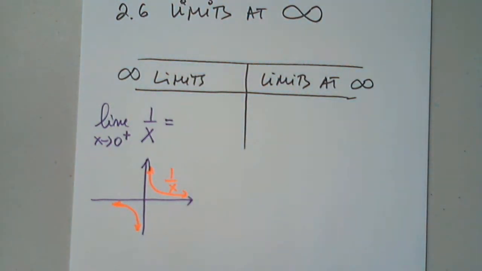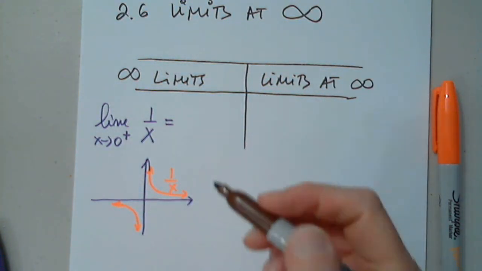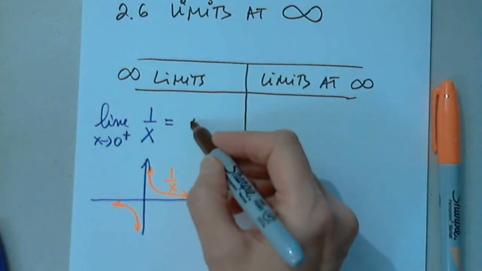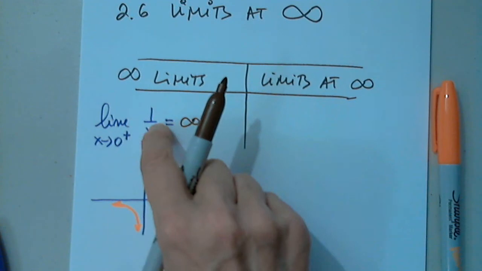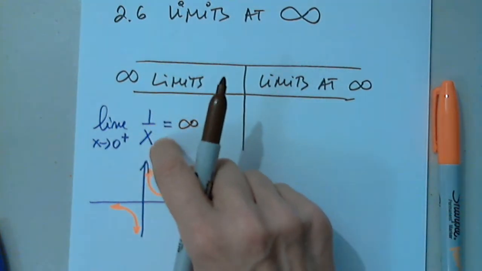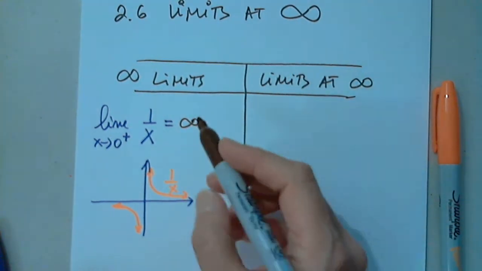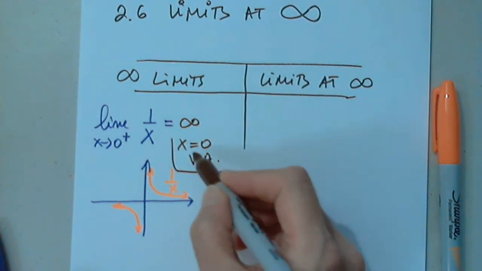And can anyone give us the answer? Infinity. Very good. Which means immediately, if I determine the limit of a rational function and I get infinity, then x equals 0 is a vertical asymptote.